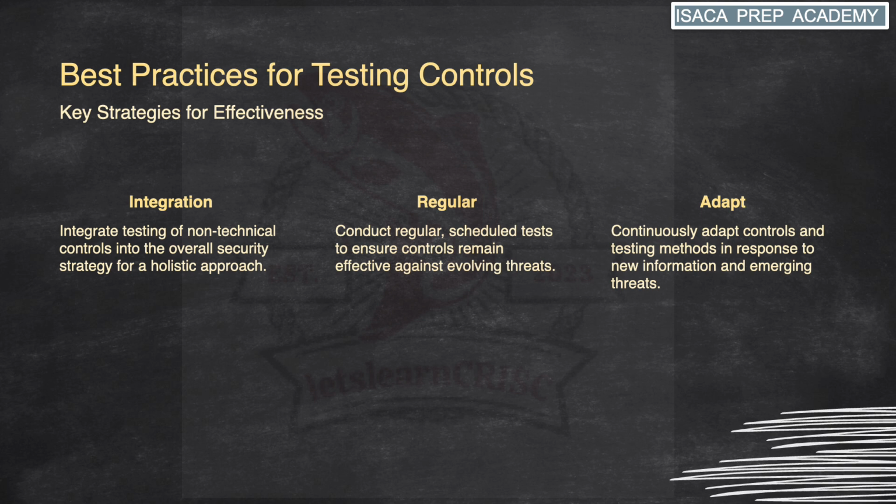In conclusion, continuous adaptation of controls and testing methods is essential for staying ahead of evolving threats in today's dynamic cybersecurity landscape. And by remaining agile, proactive, and informed, organizations can effectively safeguard their assets and maintain a strong security posture against emerging threats.